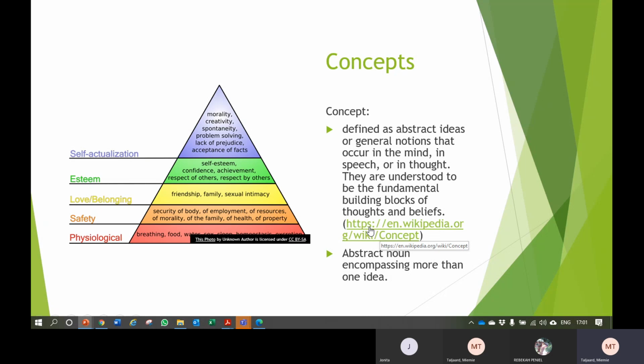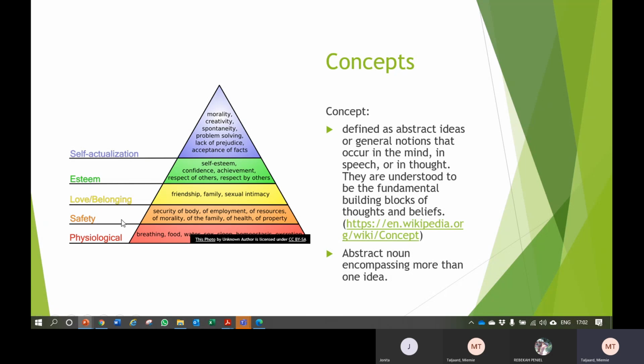Concepts are defined as abstract ideas or general notions that occur in the mind, in speech, or in thought. Therefore, concepts are so important because if you do not have a concept, you can't think about it. They are understood to be the fundamental blocks of thoughts and beliefs.